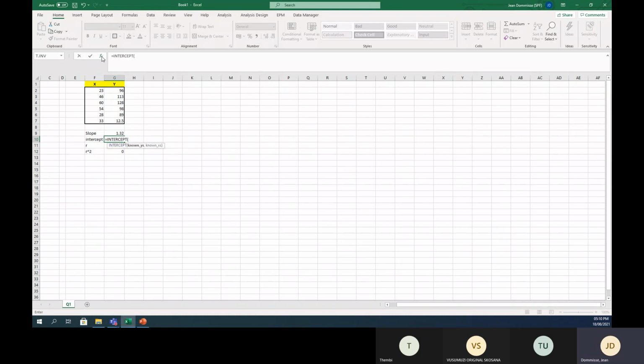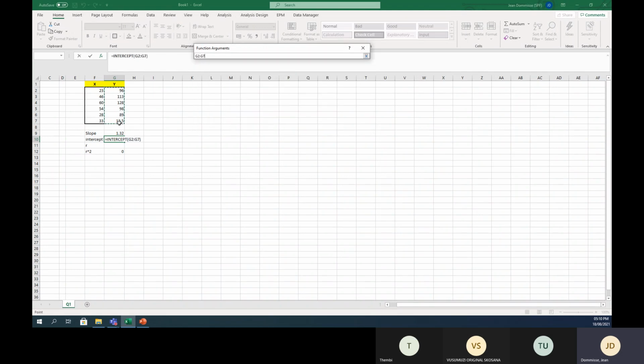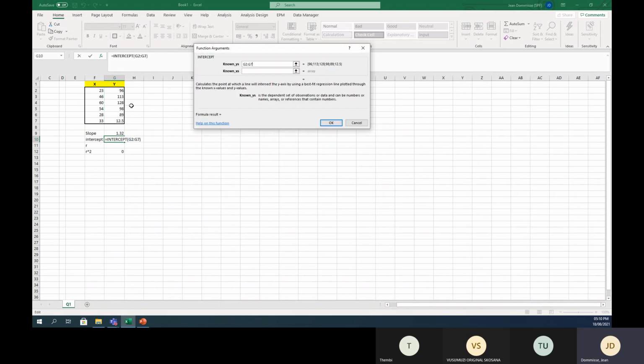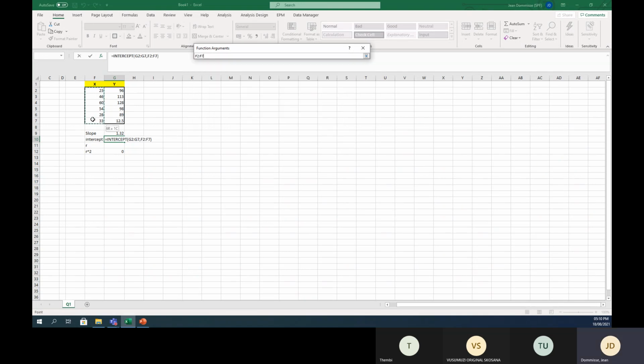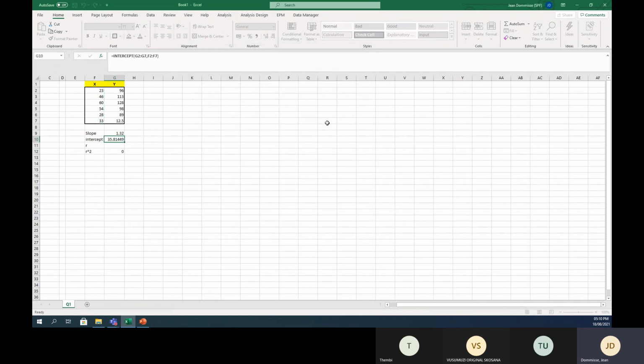For the intercept, basically again they ask us the same, but we need to look at the intercept. Again, I'll definitely share this with you on the WhatsApp group and in Teams as well, and on my Unisa as well.